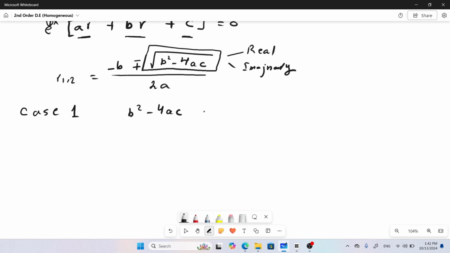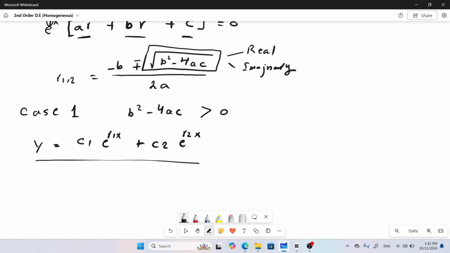If that term is bigger than 0, then our general solution will be y is equal to c1 exponential r1x plus c2 exponential r2x. That would be our general solution. And now we'll take an example to show all we've covered.